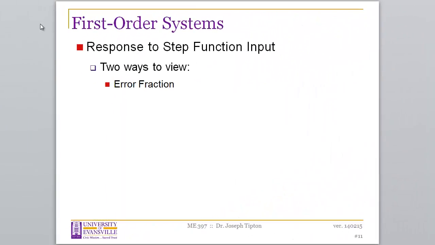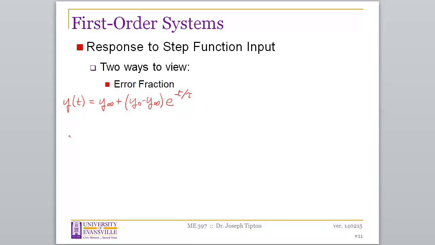A second way to view the step function response is via an error fraction. So for that, let's look at our solution again, and we'll group it a little bit differently this time. So remember, my system output equals y infinity plus y naught minus y infinity times e raised to the minus time over time constant.